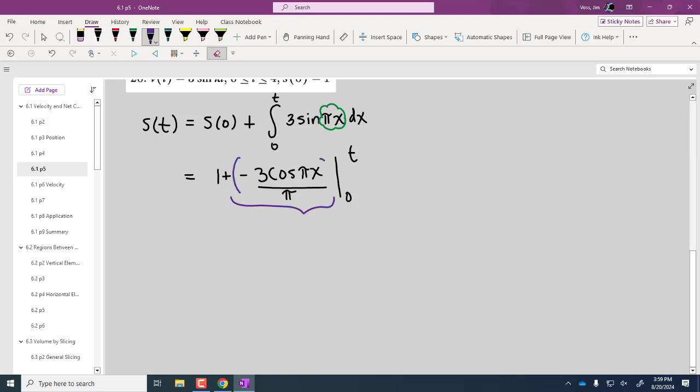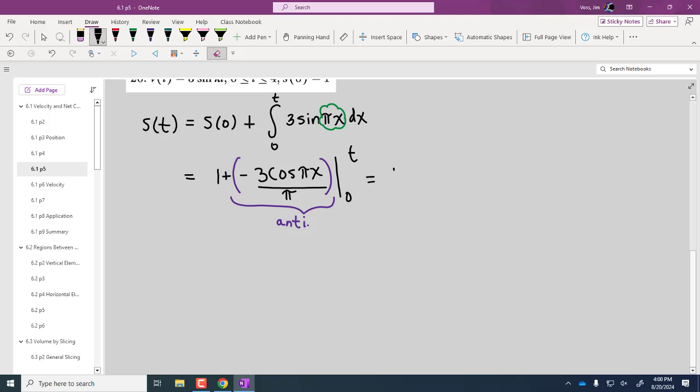If that's easier for you, then you can do it. It's just that part that's the antiderivative. You don't end up with 1 plus whatever this is at t minus 1 plus whatever this is at 0, because then the 1s will cancel. So that 1 is outside.